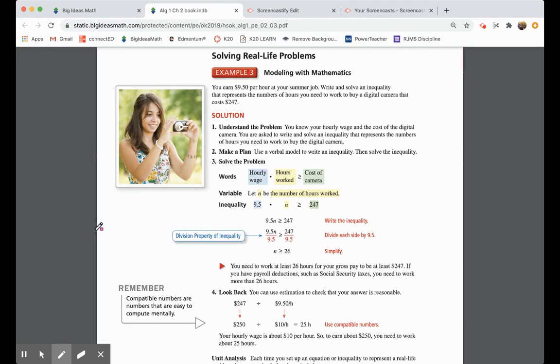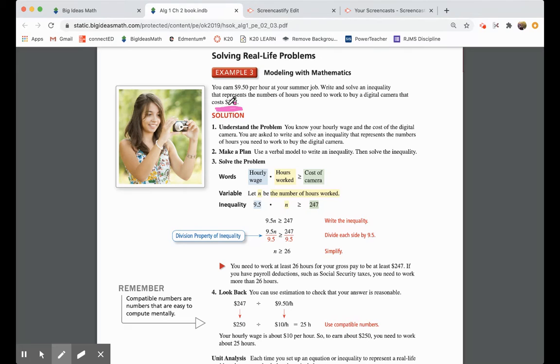So we know that it costs $247 and that we make $9.50 per hour. So looking at the cost, that to me is the main thing. If we're trying to buy a camera, we have to have at least this much. We can't pay for something if we don't have enough money. If we have more than enough money, we know we can pay for it.